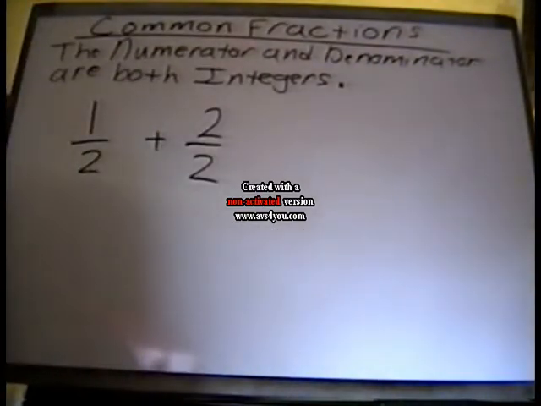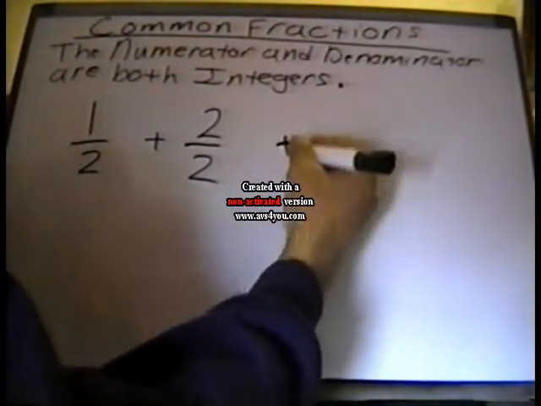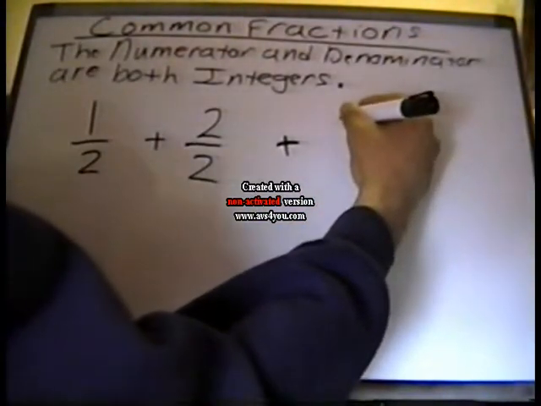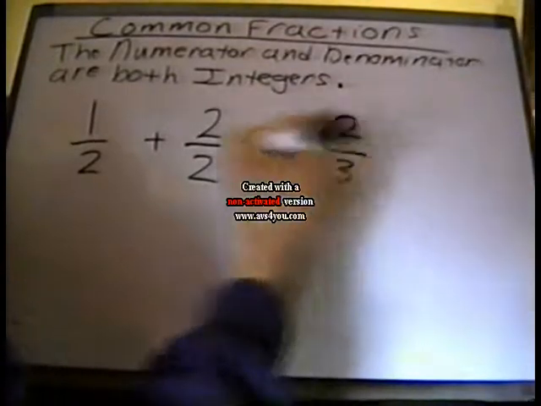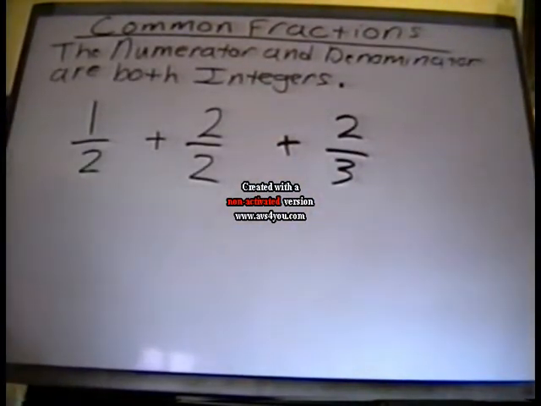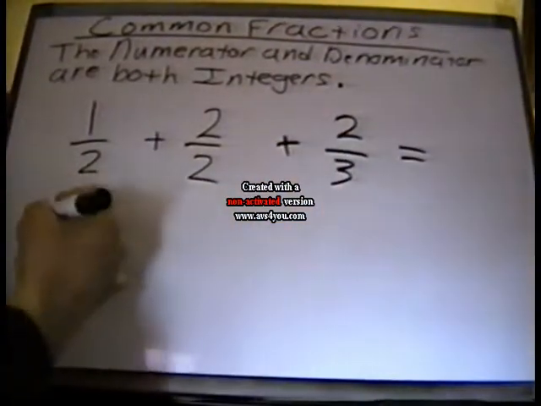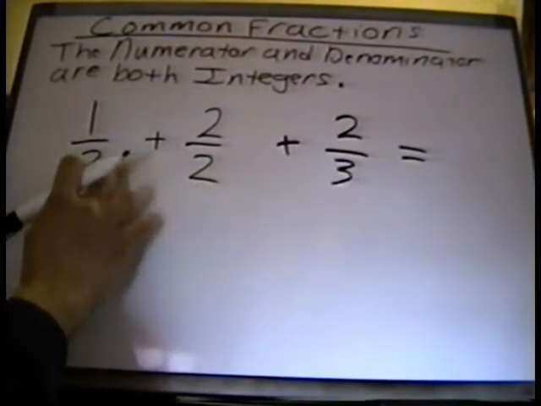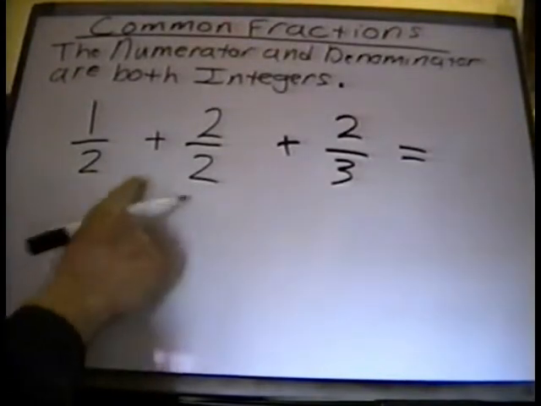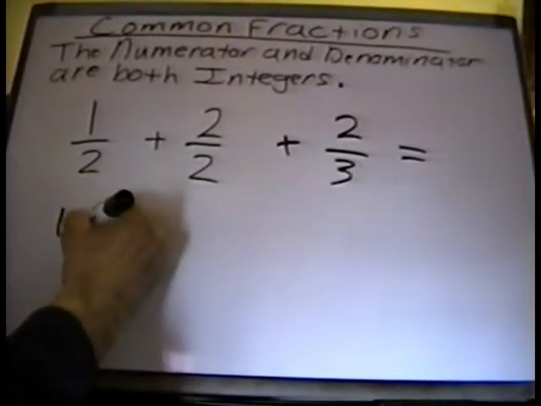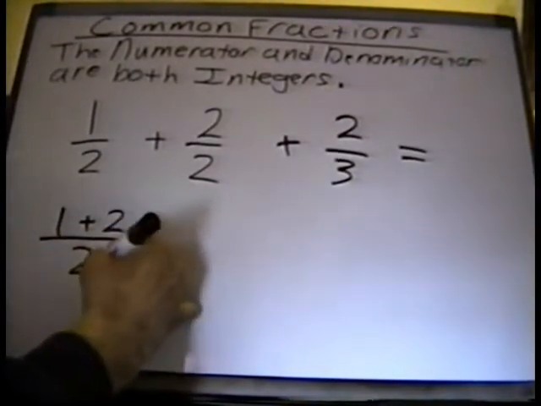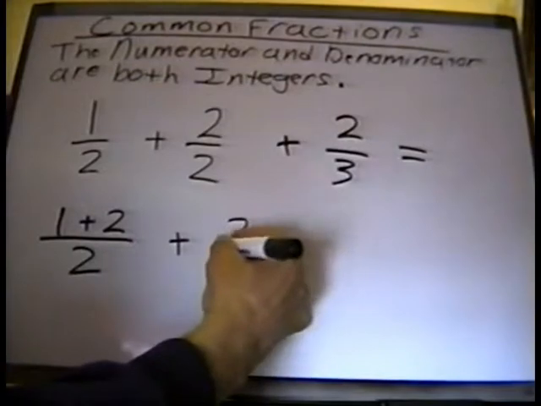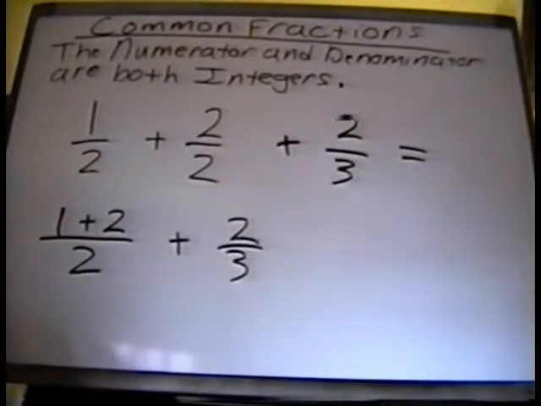Now, let's say we have 1/2 plus 2/2 plus 2/3. Okay? Now that's equivalent. Now we still use what we know to work with the first addition of 1/2 plus 2/2. So we have 1 plus 2 over 2 plus 2 over 3.